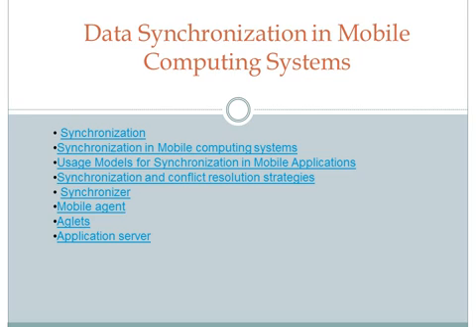Then we will look at synchronization and conflict resolution strategies. What are conflicts and how do we eliminate them during synchronization. Then we will look at the synchronizer, a particular component that performs synchronization. We look at the functionality of a synchronizer.